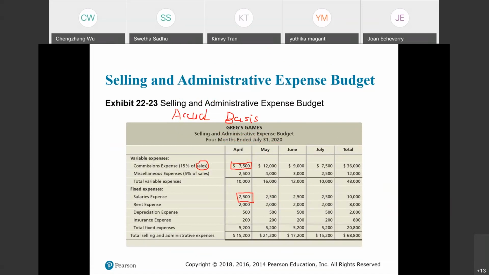In addition to them, the monthly expenses are as follows. We have fixed costs: rent expense, which is 2,000, depreciation is 500, insurance is 200. So all of them are fixed costs.